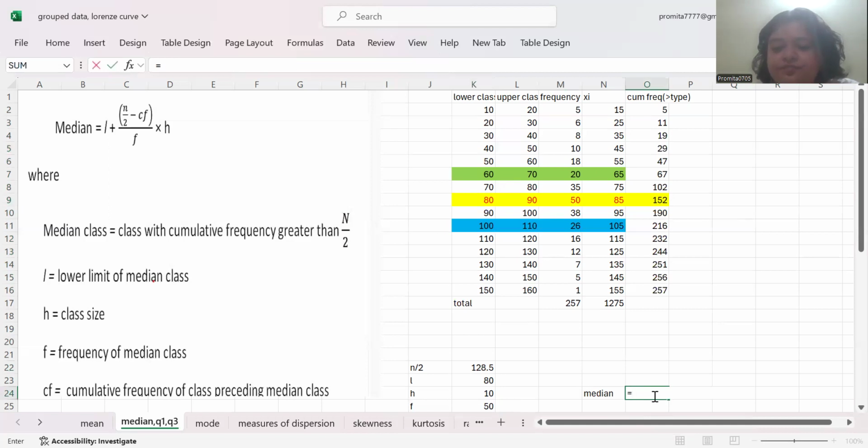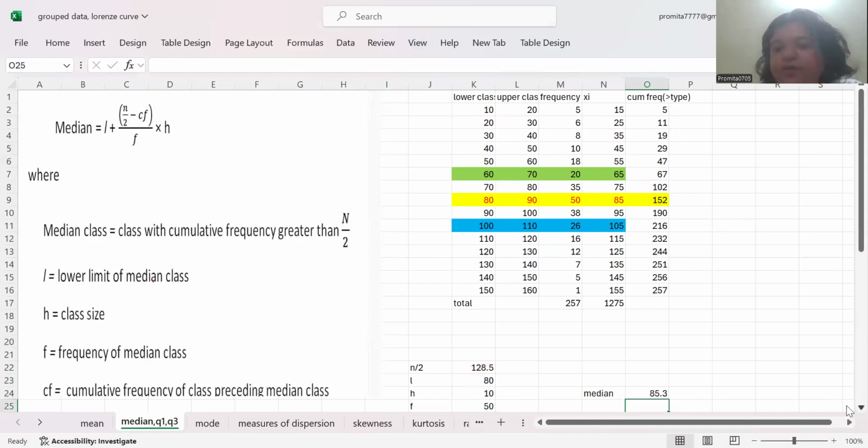The lower boundary of the median class is this, plus n by 2 minus the cumulative frequency of the class preceding the median class, which is 102, whole divided by the frequency of the median class, which is 50, whole multiplied by h, which is 10.